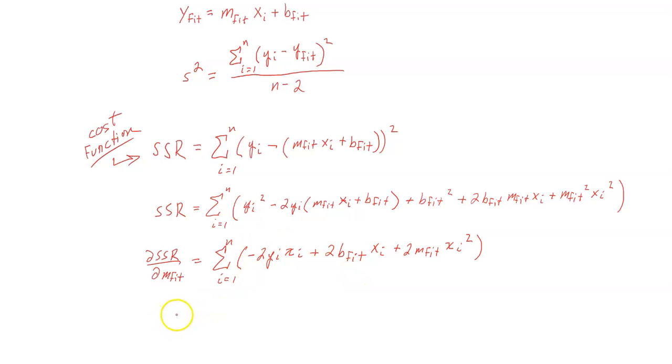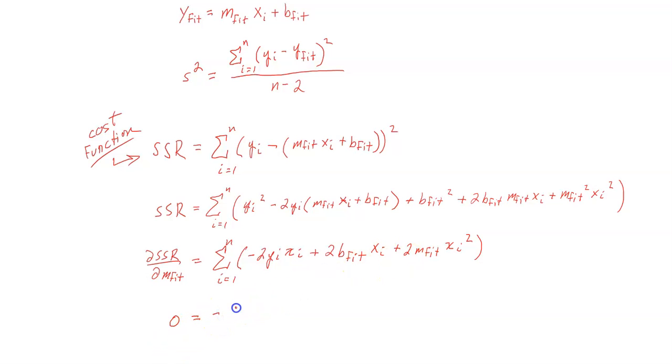So now we're looking for the location where this derivative equals 0. So we set this partial to 0, and then we can distribute these summation symbols into each term. So you can pull out the negative. And we can also divide each term by 2, because 0 over 2 is still 0.